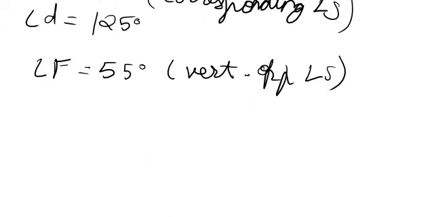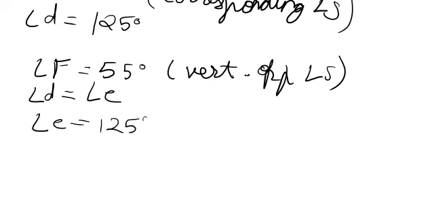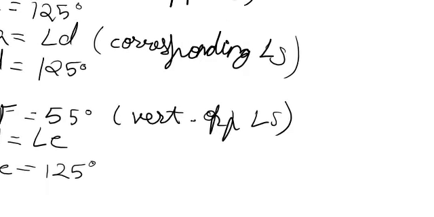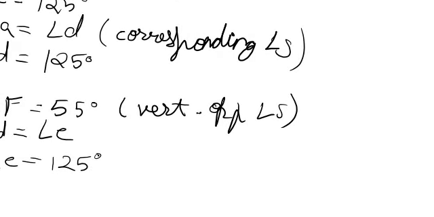So angle D equals to angle E, and also write here that angle E equals 125 degrees. This is vertically opposite angles, right? Vertically opposite angles.